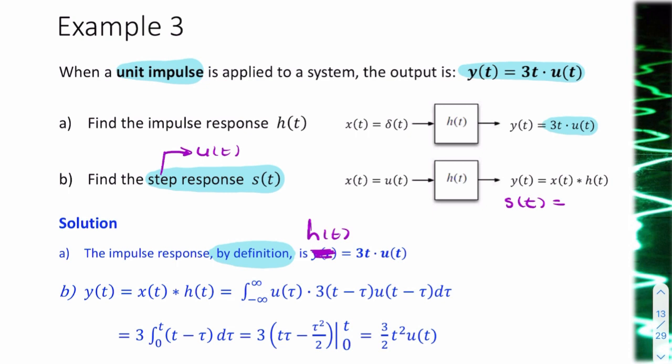Now remember we said we can find the output by carrying out a convolution between the input and the impulse response. So the output, or here I can call it S of t, is a convolution of x of t and h of t.